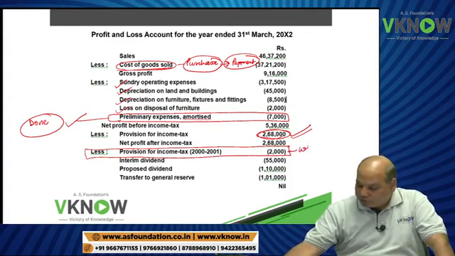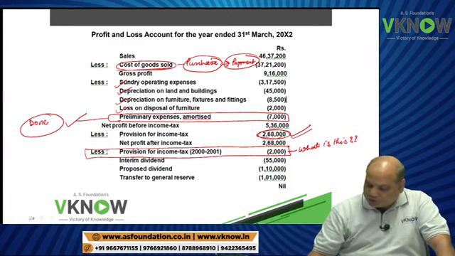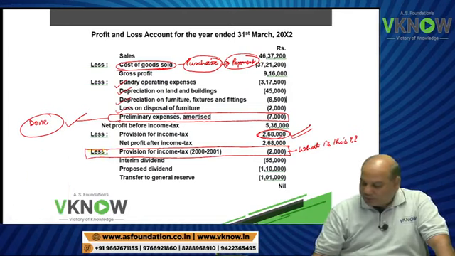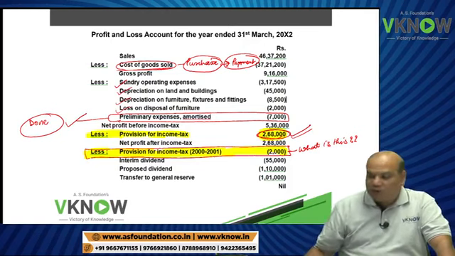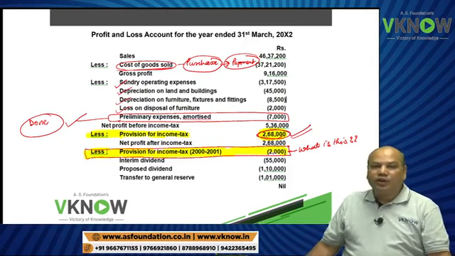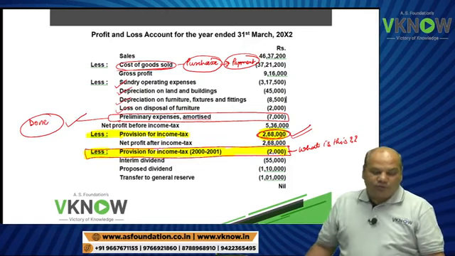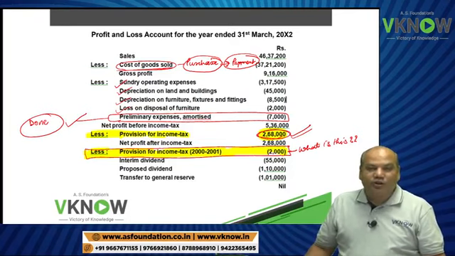Your question will be, what is this? You have to keep thinking. I will explain this at the end. The student has to keep thinking what can be the provision for income tax of 2,000 rupees when this provision for tax is already given. What is this second provision for income tax? Here lies your thinking capacity.